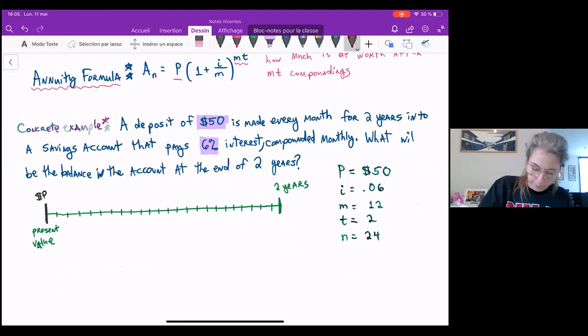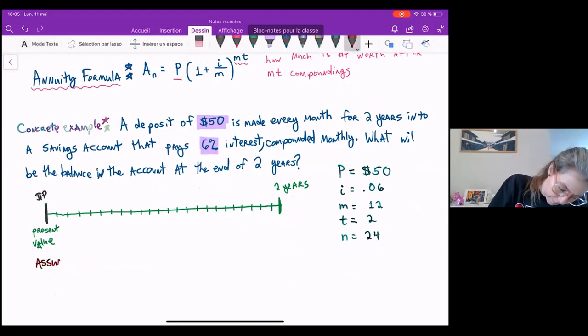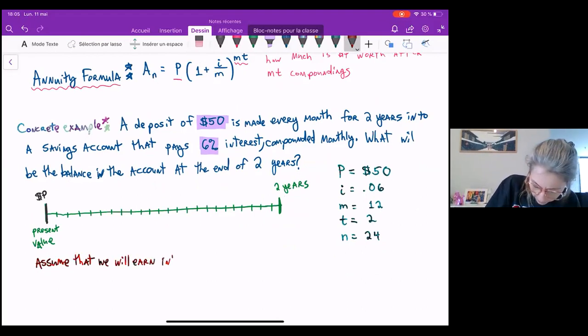So assume that we will earn interest for the first period.